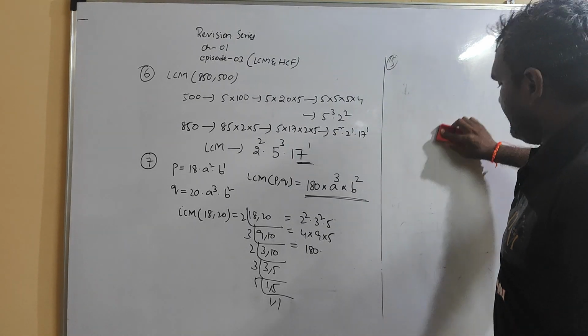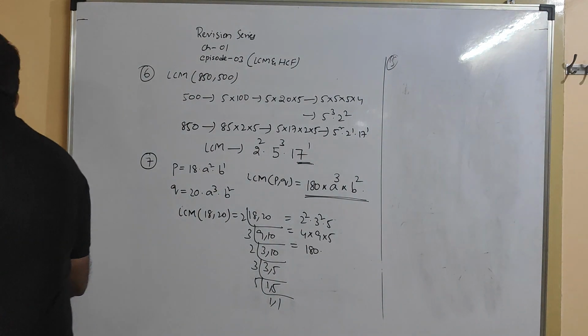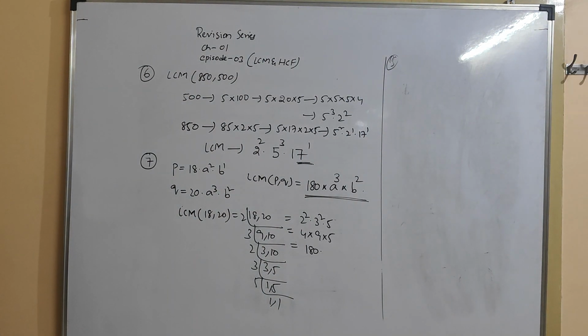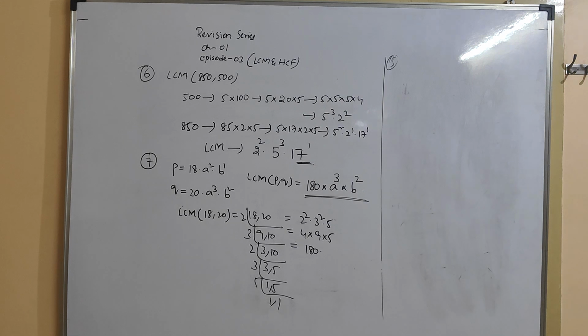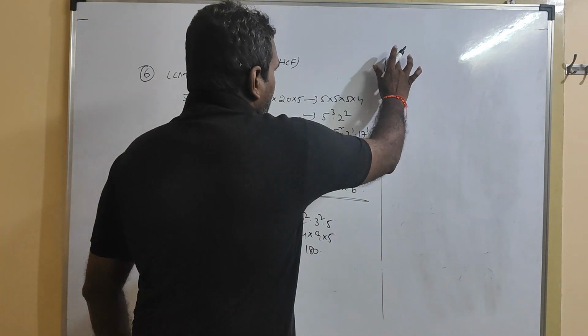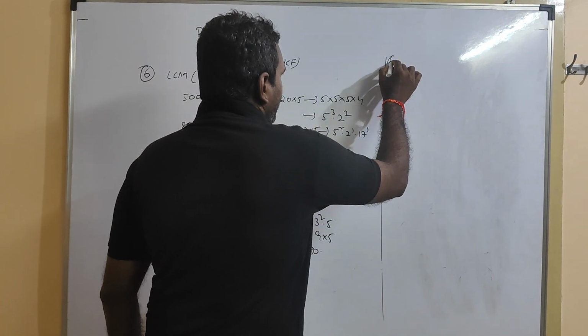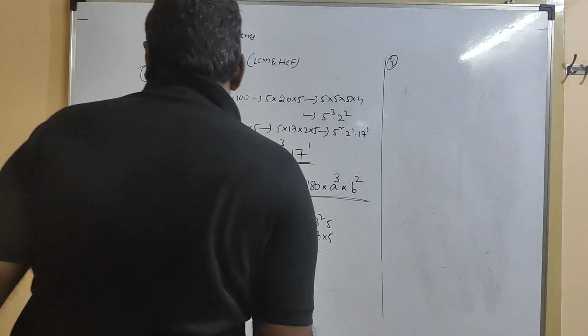The next question they are asking is, the total number of factors of a prime number is. For a prime number you will be having two factors. Those are 1 and itself. So the total number of factors, they are asking, means 2 has to be your answer. That you have to remember.